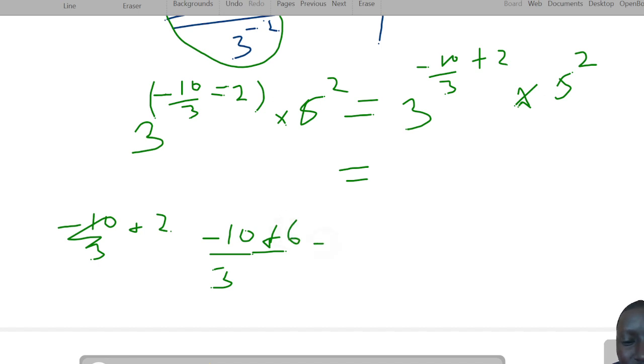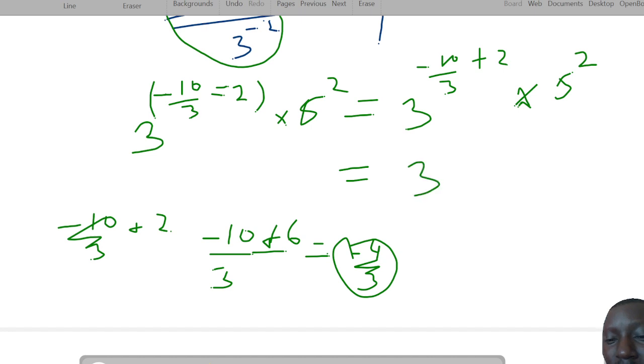Negative 10 plus 6 simply gives us minus 4 over 3. So that's what I wanted us to make use of here. So that's supposed to be 3 to the power of negative 4 over 3, times 5 raised to power 2. So that was the answer.